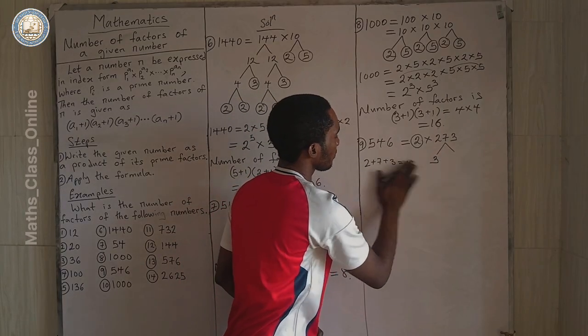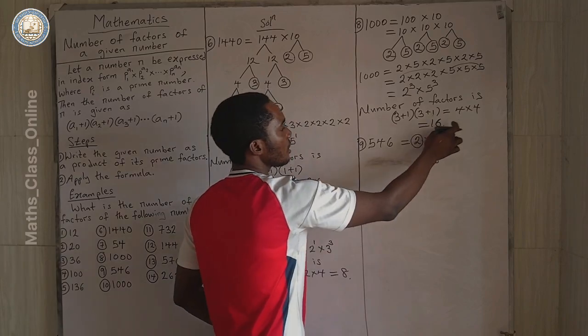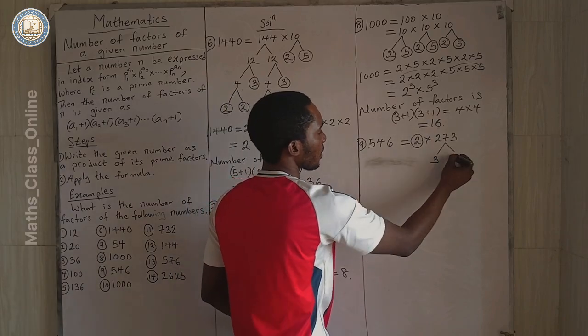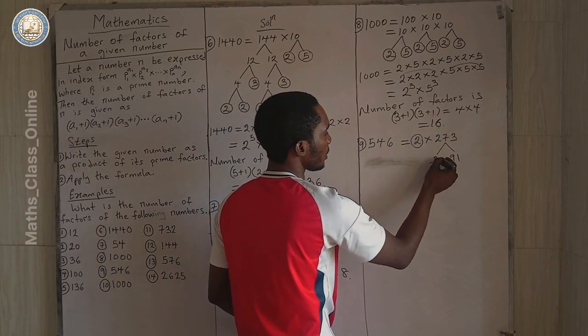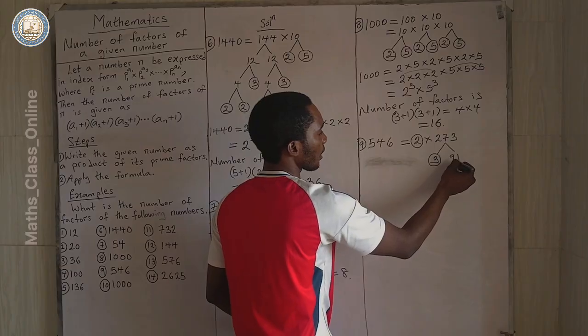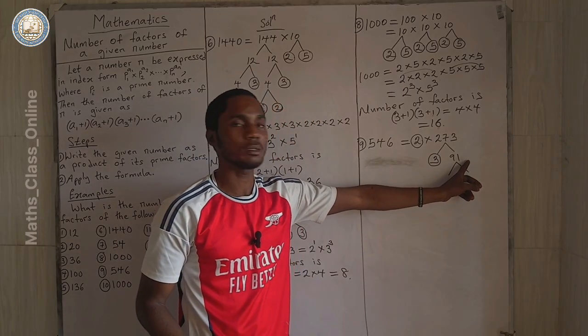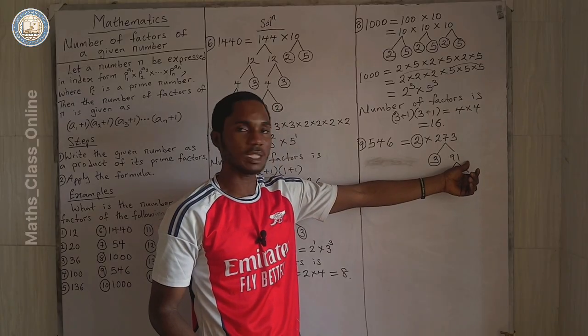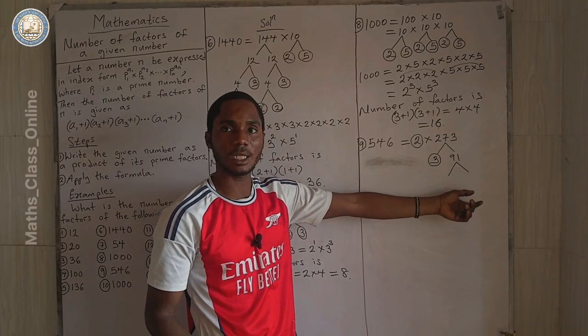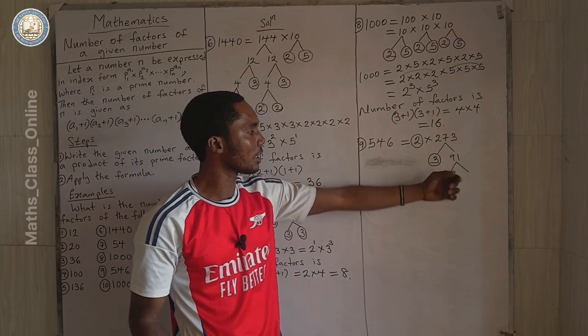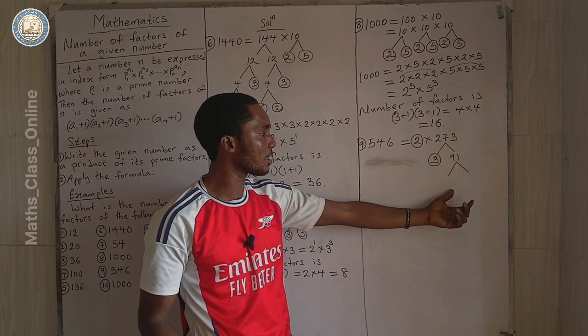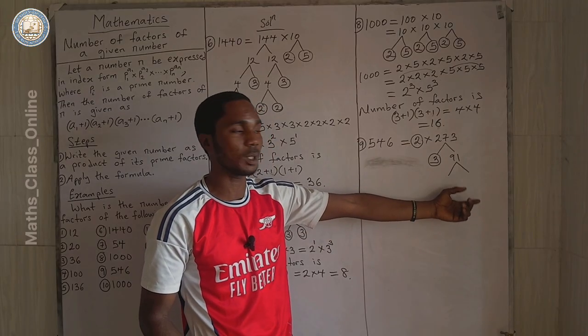We have 3. 273 divided by 3, that is 91. 3 is prime. 91: 2 cannot divide 91. 3 cannot divide 91 because 9 plus 1 is 10. 3 cannot divide 10. 4 cannot divide 91. 5 cannot divide 91. 6 cannot divide 91. 7.